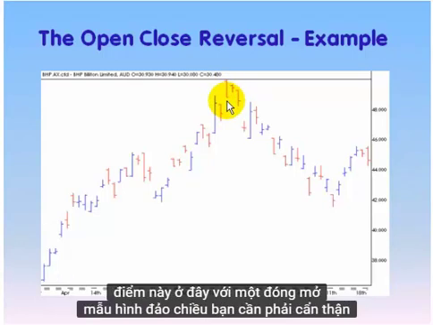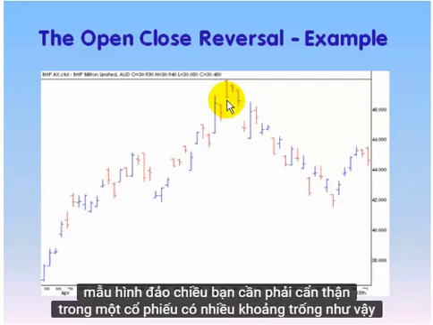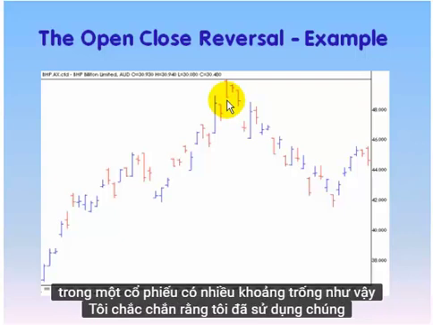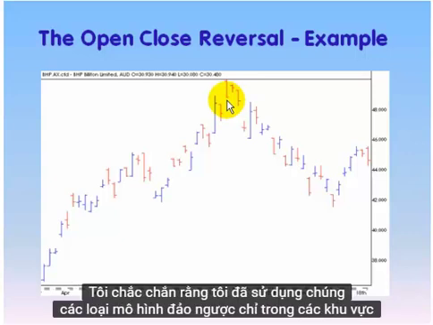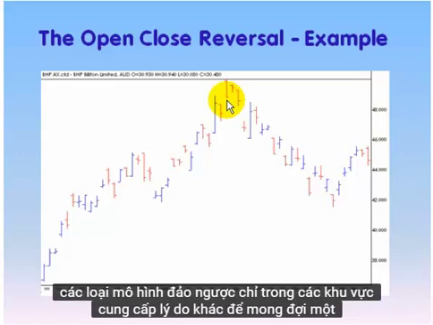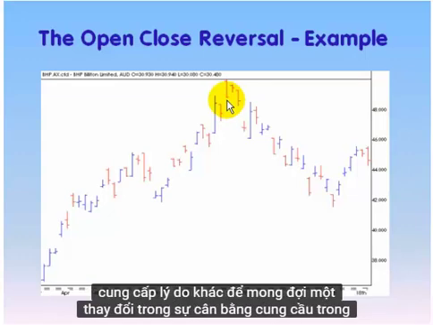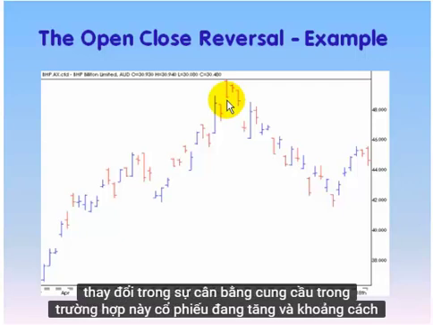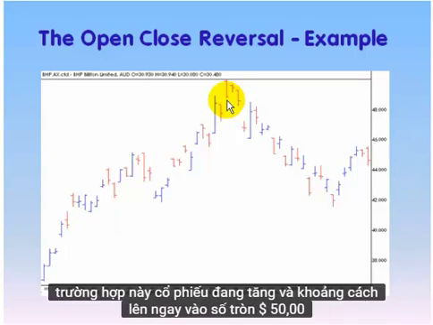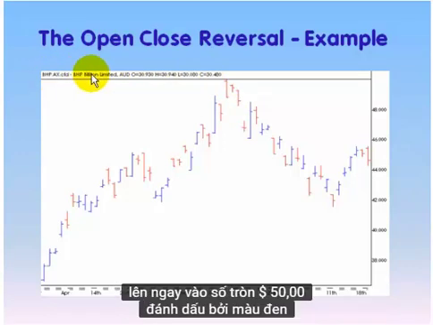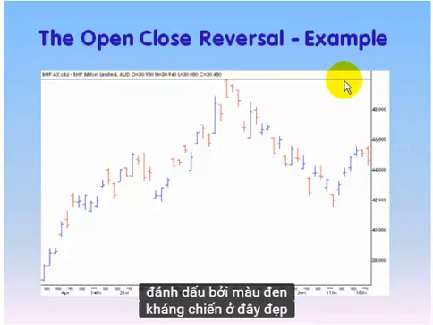You need to be careful in a stock that gaps as much as this, so I'd be making sure that I use these types of reversal patterns only in areas that provide other reason to expect a shift in the supply-demand balance. In this case, the stock is rising and gaps up right into the $50 round number, marked by the black resistance line here.